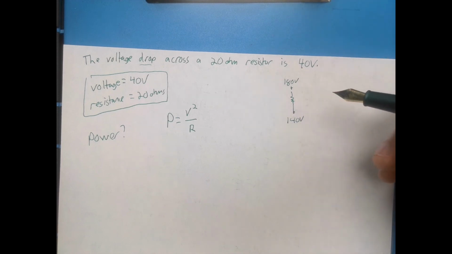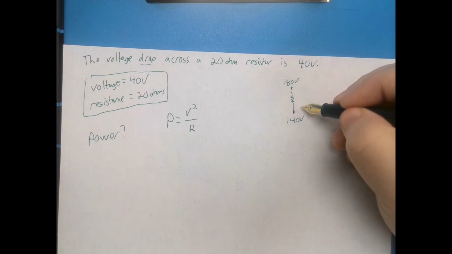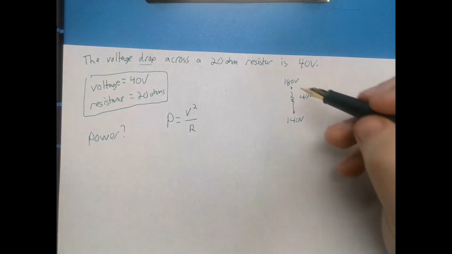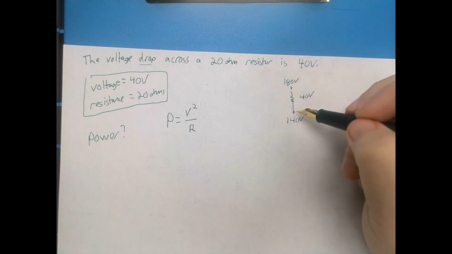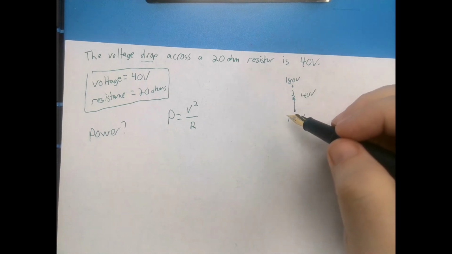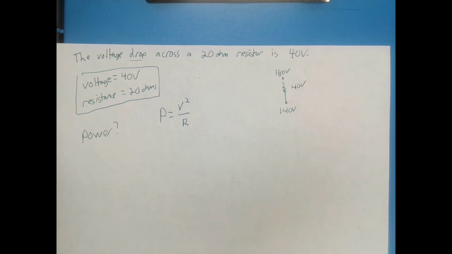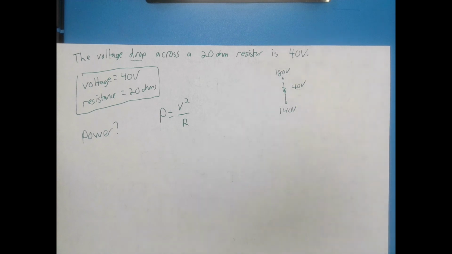This is just an example. The drop, or the voltage difference, or the electric potential, is 40 volts. It could be 1,080,000 to 1,040,000. It makes no difference as long as the difference between them is the same. Electricity only depends on the difference of voltages.